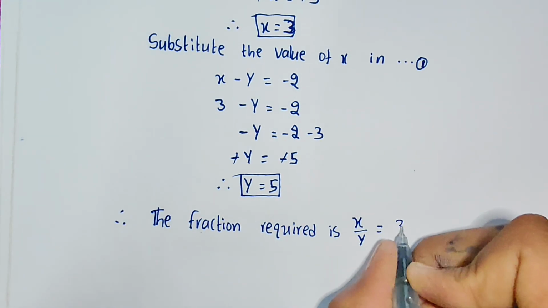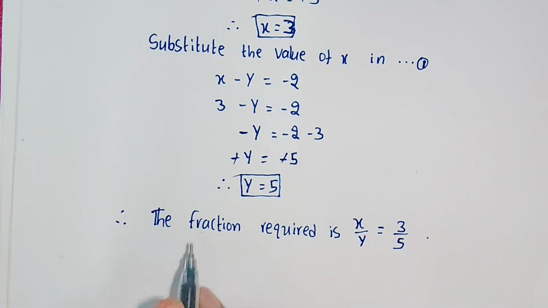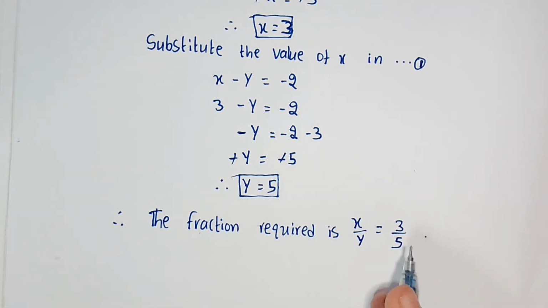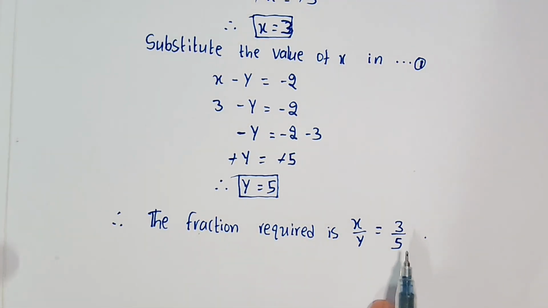We got 3, by value of y, 5. Therefore the fraction required is 3 by 5. Understand? Now we have completed the first problem.